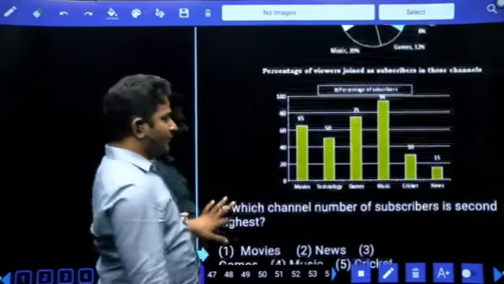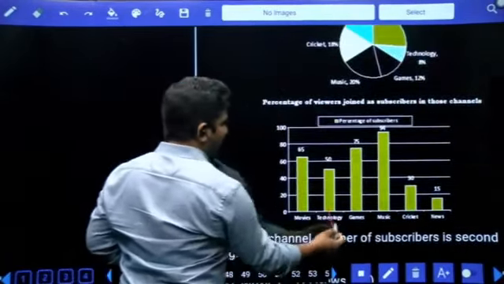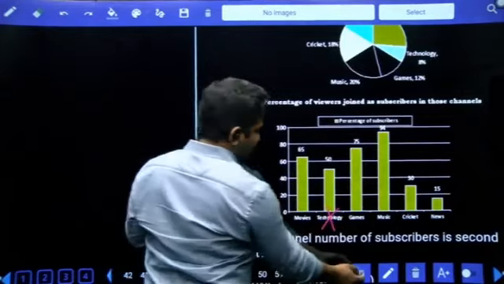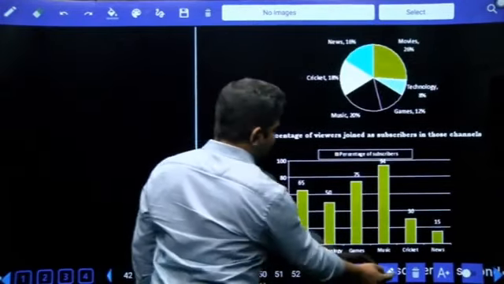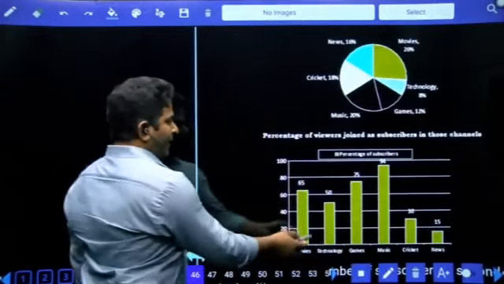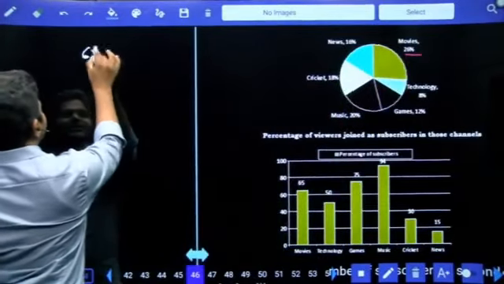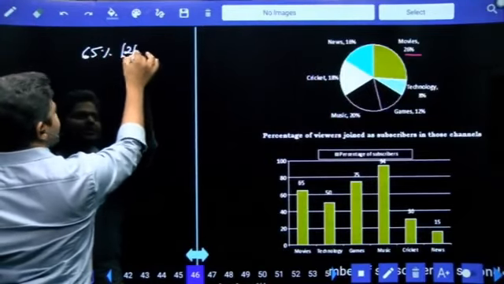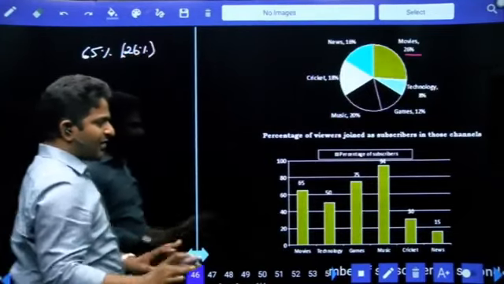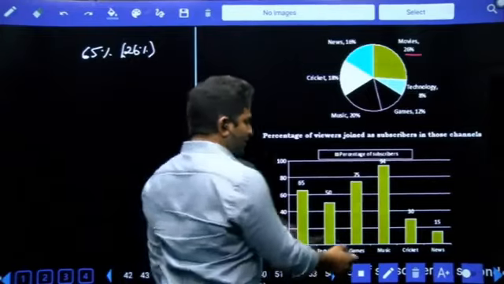Technology is left. When you don't have technology in options, it is foolish if you verify for technology. Forget about technology. In movies, 65% of 26%. Look at this. 65% of 26%. Don't calculate it, just write numbers. You don't have to write for technology.